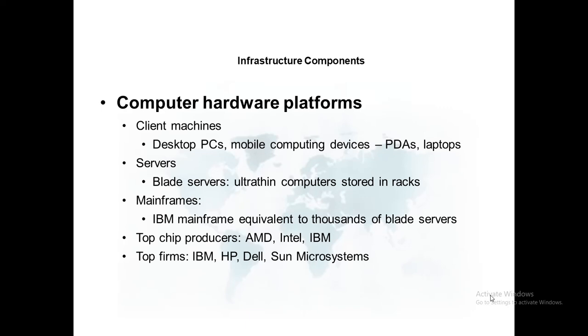So the companies that manufacture the chips, or let's say we use the example of those that manufacture the central processing unit or the microprocessor chips, include AMD, Intel, IBM.